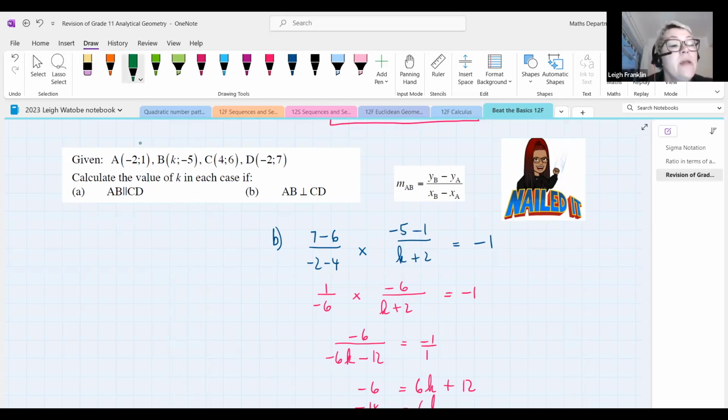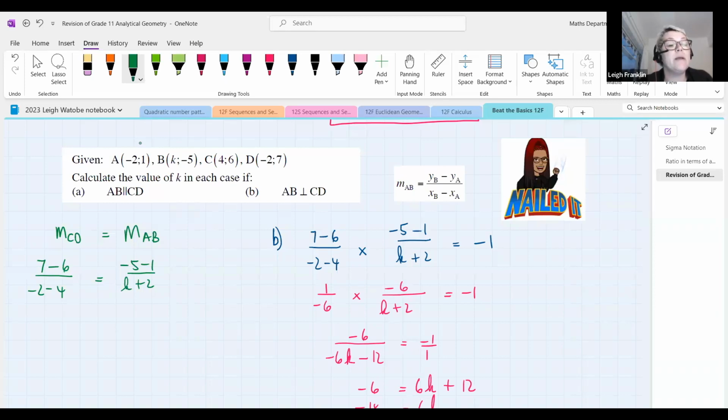Okay, so we know that the gradient of CD is equal to the gradient of AB because these lines are parallel. So the gradient of CD would be change in Y, so that would be 7 minus 6 over change in X, minus 2 minus 4. And that's going to be equal to the gradient of AB. So change in Y, so that's minus 5 minus 1 over change in X. That would be K plus 2 because it's minus 2.